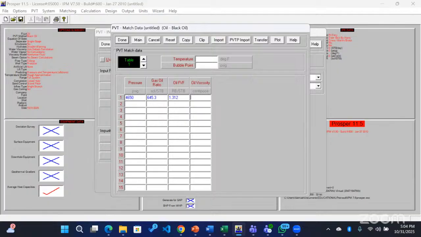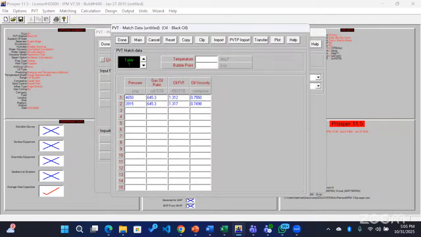Okay, since I'm assuming, let me just do what I have here, 0.7550. And the next one is 3915, 645.3, 1.317, 0.7498.